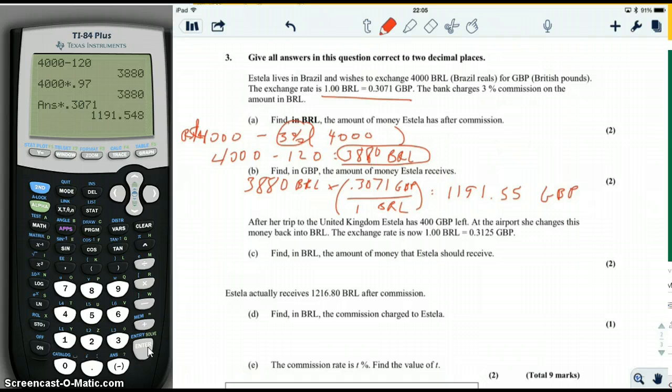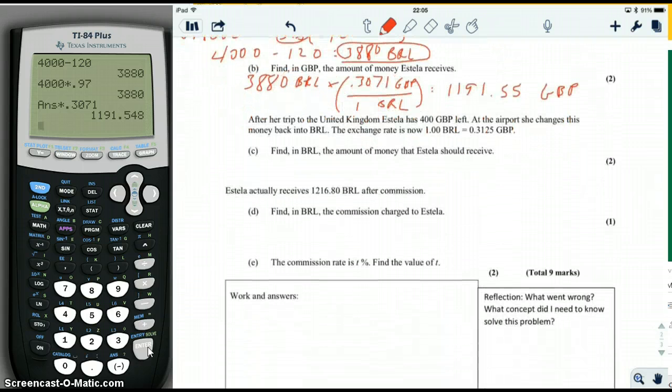Okay, next step. After her trip to the United Kingdom, Estella has 400 GBP left. At the airport, she changes this money back into Brazilian reais. The exchange rate is now 1 Brazilian real equals 0.3125 GBP. So we're just changing back now, except we have less money. We're going to multiply by this exchange rate. What are we going to put on top and what are we going to put on bottom? Well, we want to put GBP on the bottom because we want it to cancel out, right?